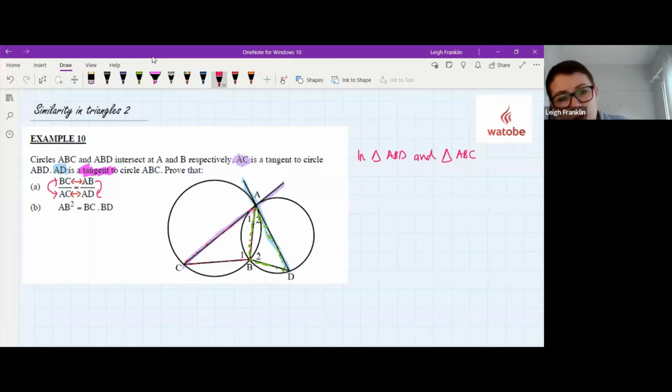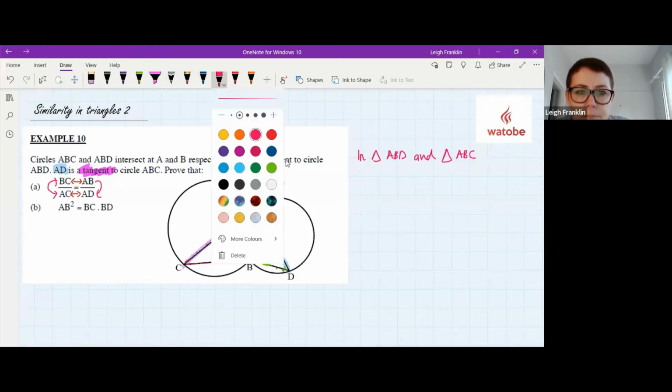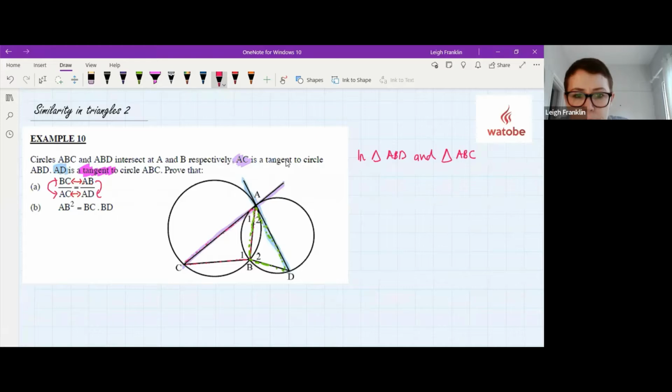The angle that lies between the tangent and the chord is going to be called angle what in this case? We're talking about the smaller triangle. Angle A1. Okay, so angle A1 is the angle between the tangent AC and the chord AB, and it's equal to the angle in the alternate segment.